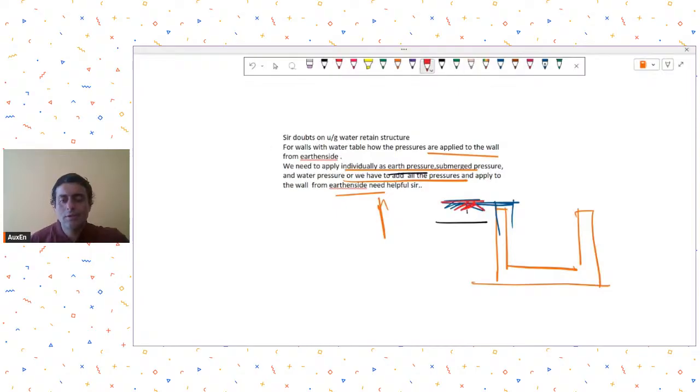So let's say this is your ground level, and your water table lies somewhere over here. So then, as per the tank depth, this is your water table, let's say.